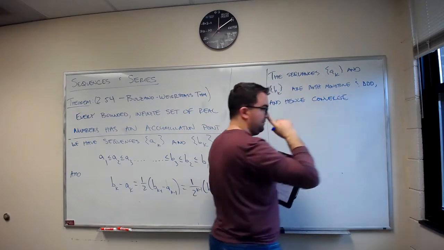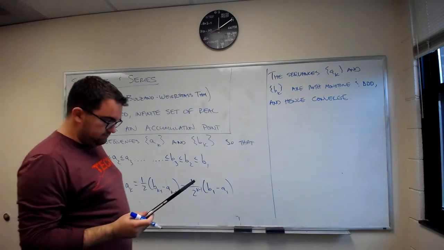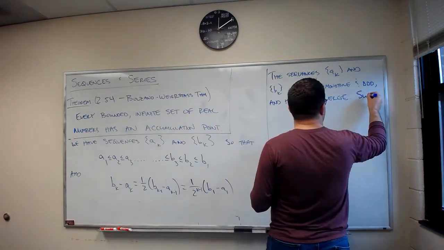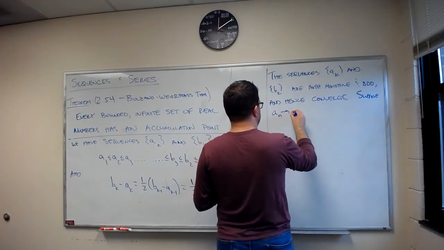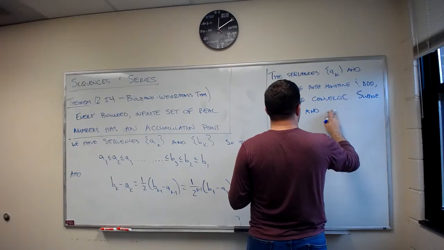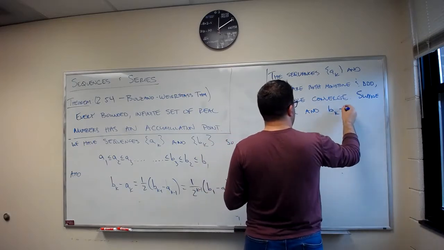They converge by the monotone convergence theorem that we just proved. All right. So suppose AK converges to A. I'm just giving names to their limits. AK converges to A, and BK converges to B.